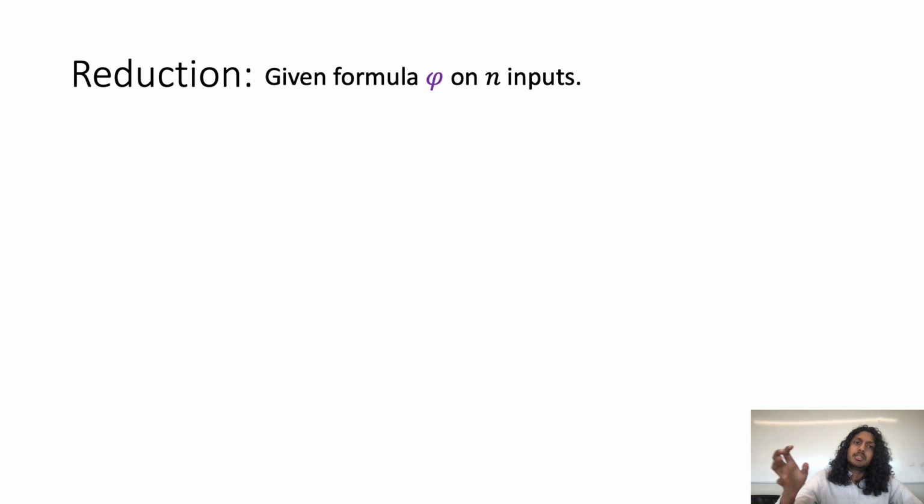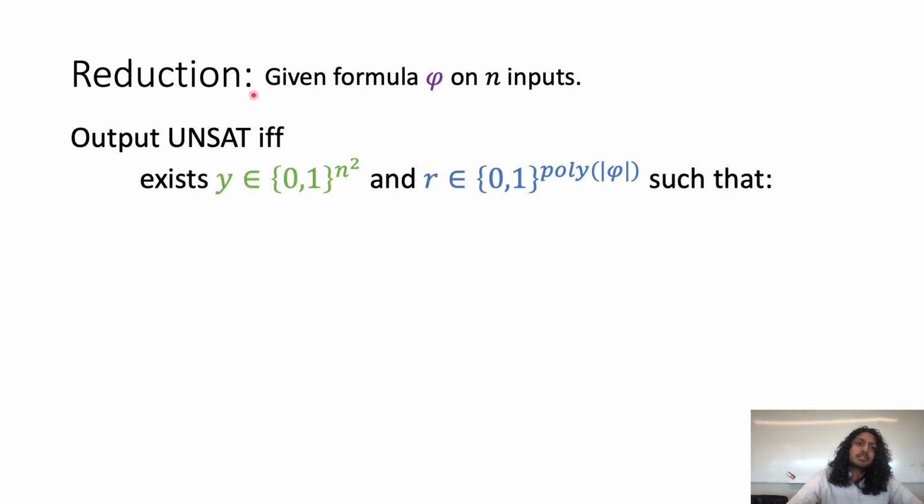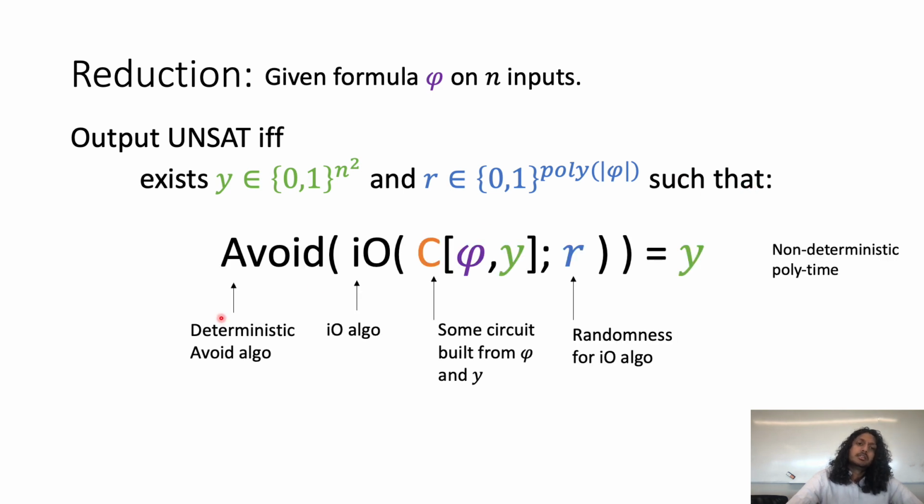It will be given some formula phi on n inputs, and it will say it's unsatisfiable if and only if there exists some y and exists some r such that the following holds. Such that, and I'm going to unpack this, when you run the deterministic algorithm for Avoid, which I've abused notation and just written as Avoid, which also stands for the problem, but for the sake of simplicity, it also stands for the algorithm.